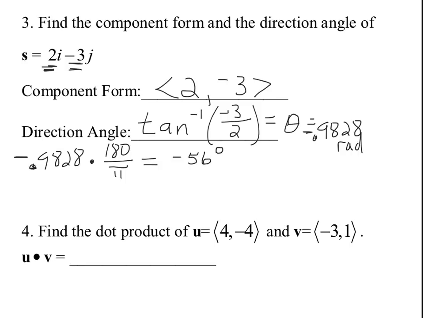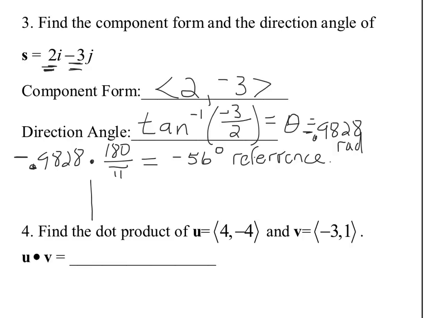All right, so we're still not finished yet, though. Even though we have a degree value here of -56 degrees, this is not the final answer. This is what we call a reference angle, okay? So this reference angle is what we're going to use to find the real angle. So what you want to do is look at your component form of your vector to see which quadrant you're in.